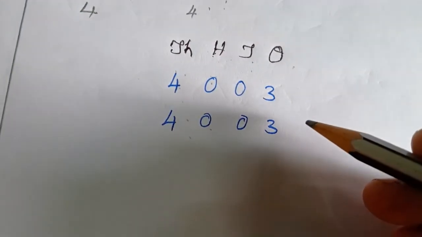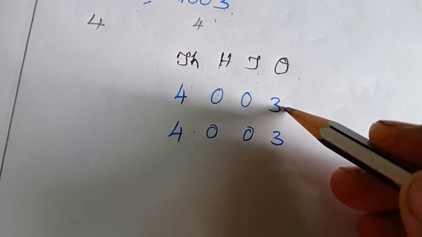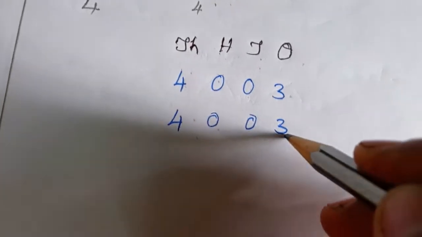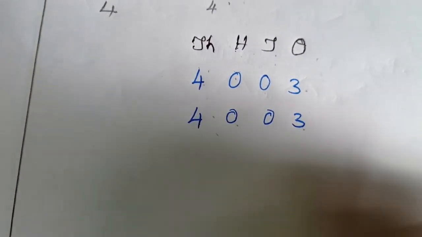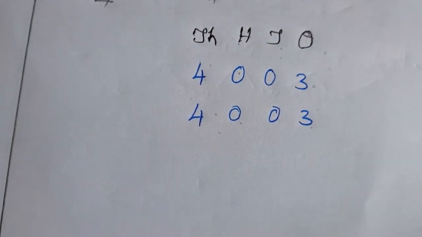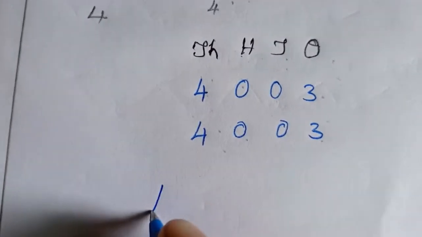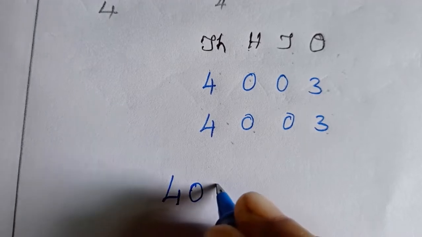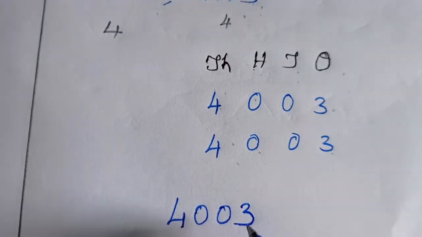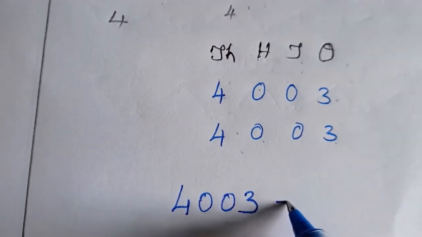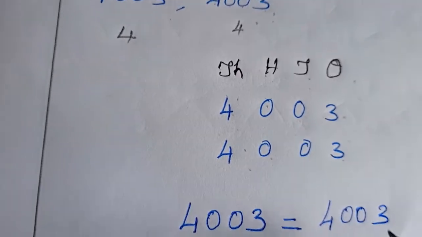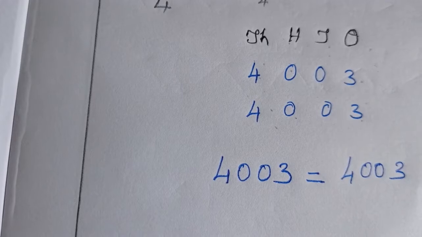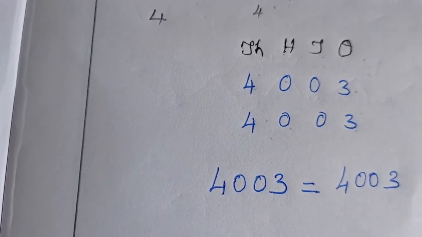The ones place value for the first number is 3 and the second number is also 3. So both the numbers are equal. Okay? So you can write the symbol: 4003 is equal to 4003. Okay?